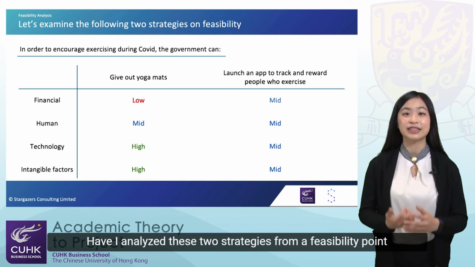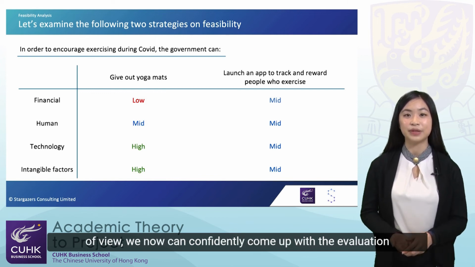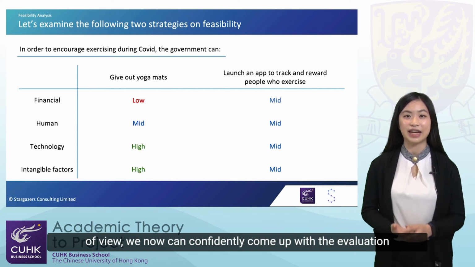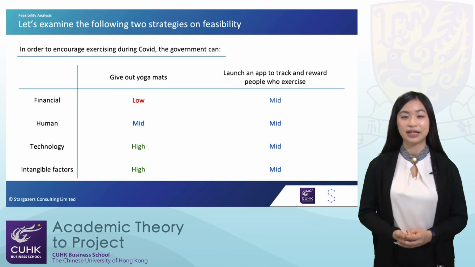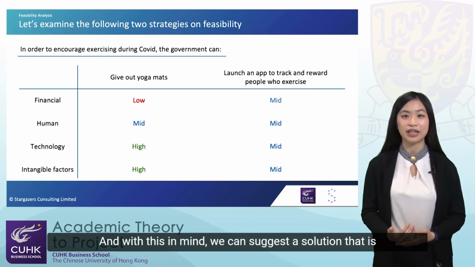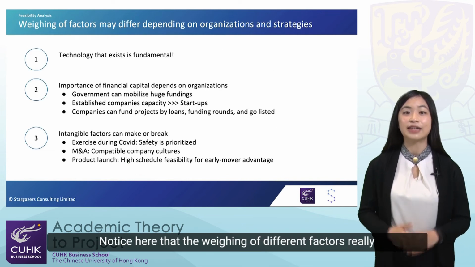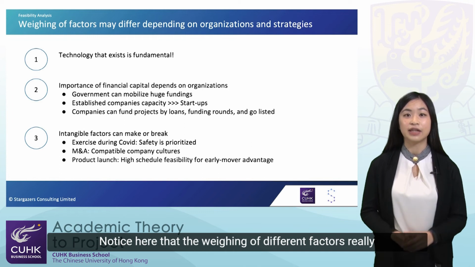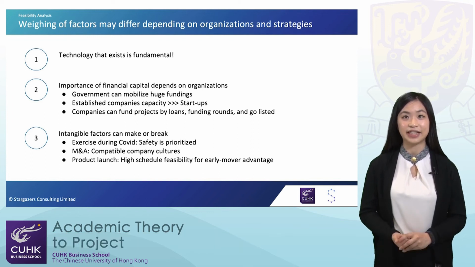Having analyzed these two strategies from a feasibility point of view, we now can confidently come up with the evaluation, again on a 3-point scale. And with this in mind, we can suggest a solution that is of high feasibility. Notice here that the weighing of different factors really depends on the strategy and also the organization.